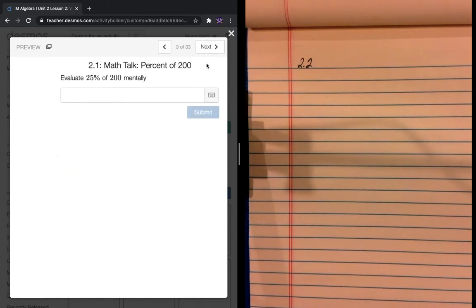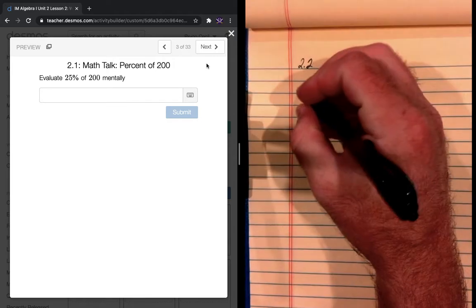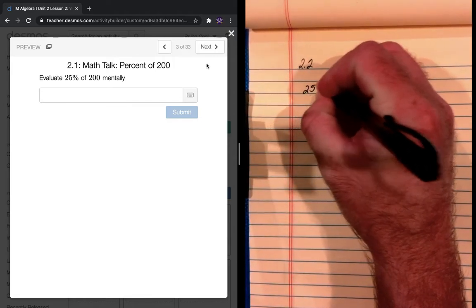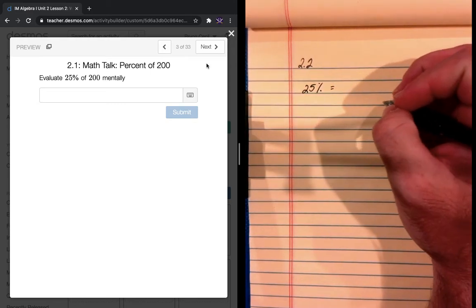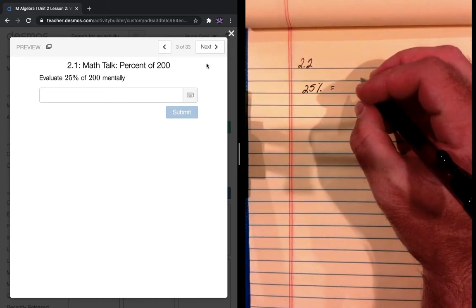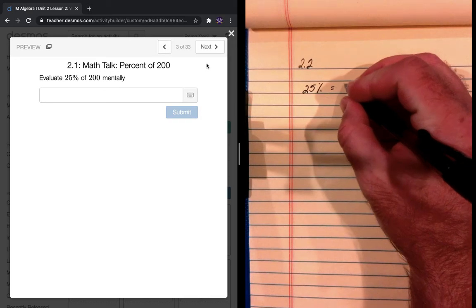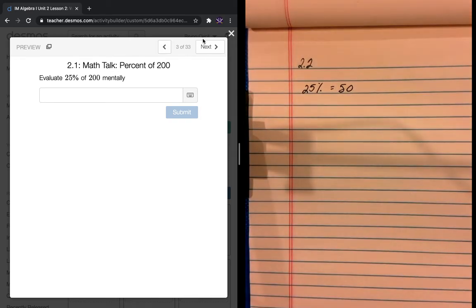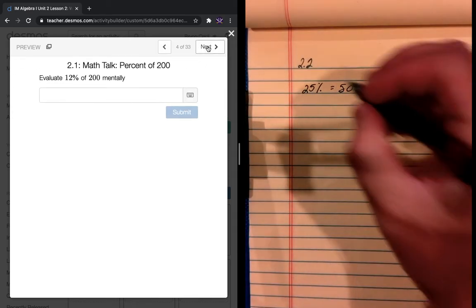All right, let's do some mental math. 25% of 200. We do that mentally. We know that's a quarter of 200, so a fourth of 200 is 50. Then we come over here and say 12%.